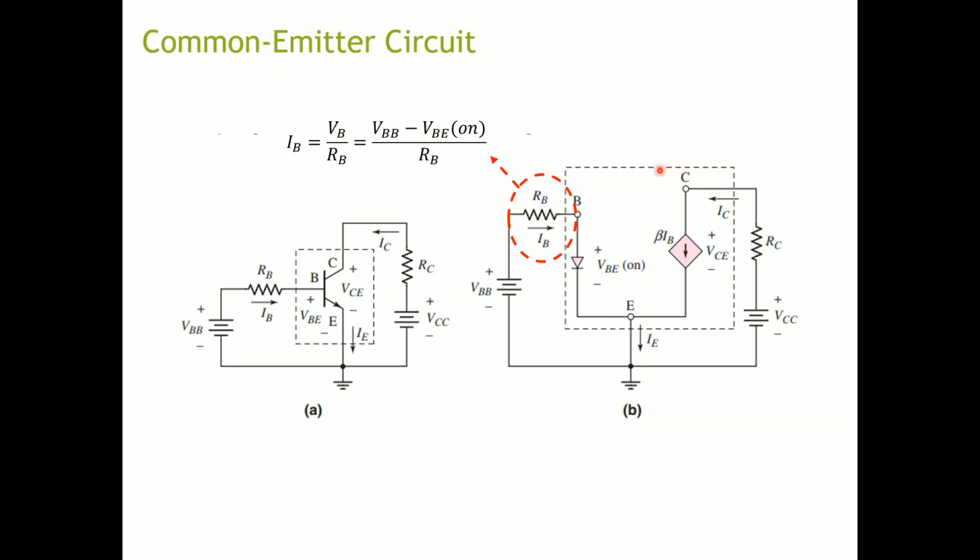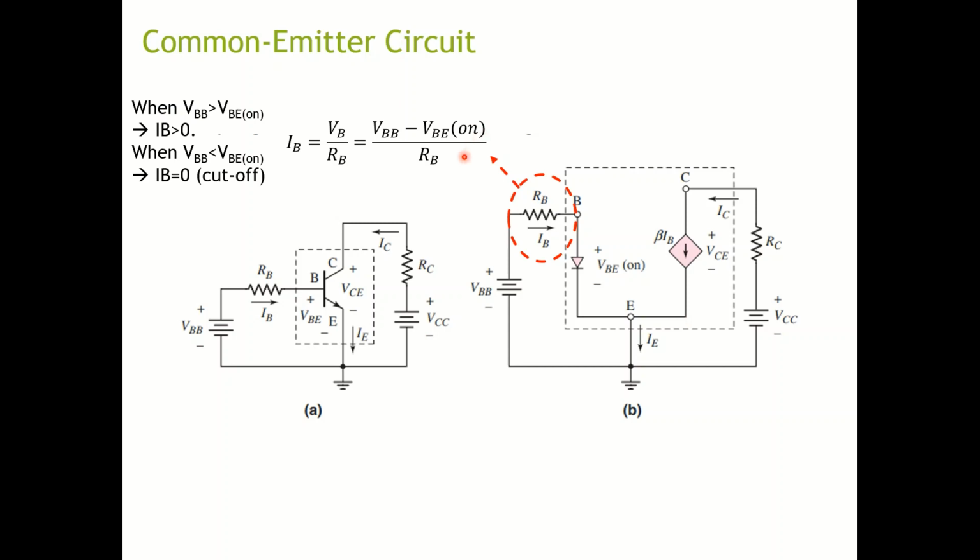Precisely, the collector current IC is dependent on the base current by a factor of beta, and you can find this number based on the data sheet, assuming it's in the forward bias mode.